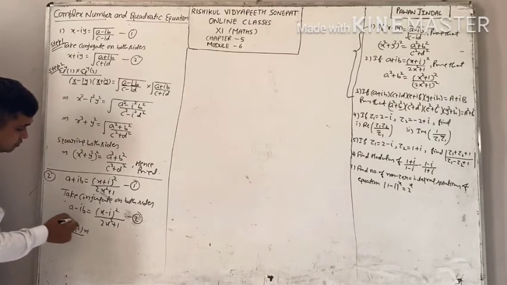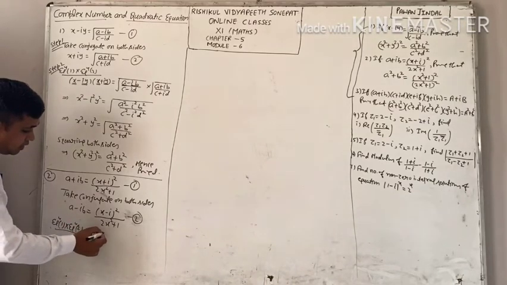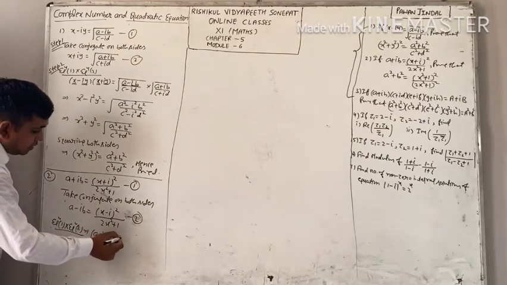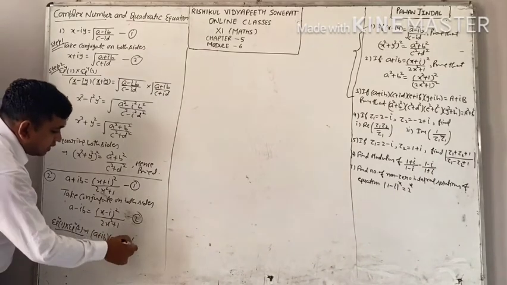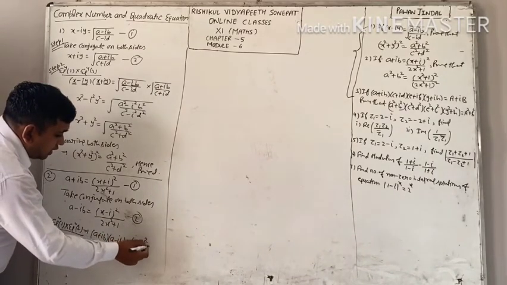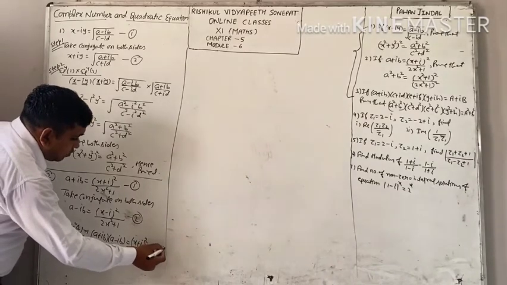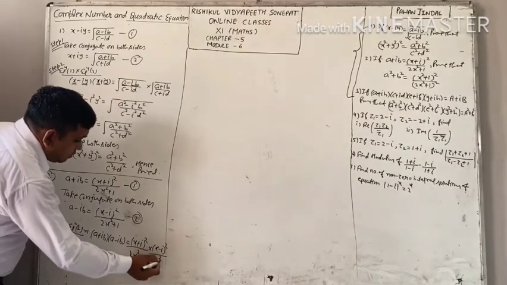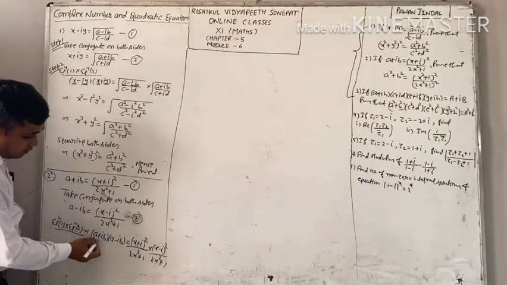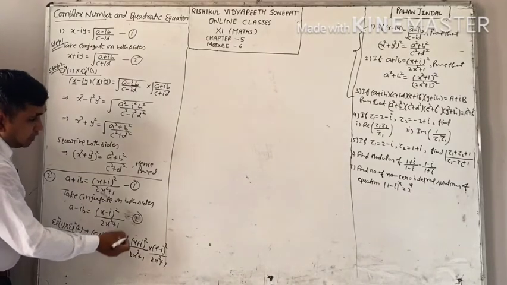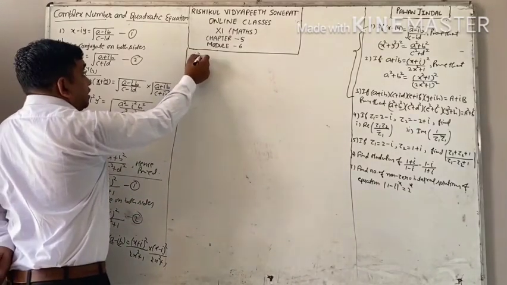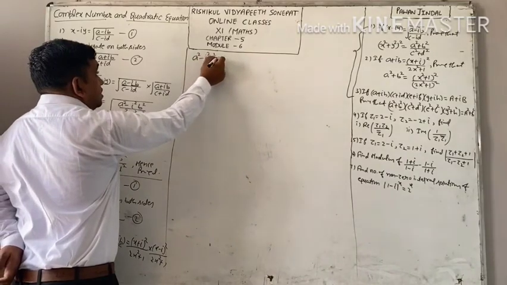This implies (a plus iota b) into (a minus iota b). On this side you will get (x plus iota) whole square divided by 2x square plus 1, into (x minus iota) whole square divided by 2x square plus 1. Here apply the formula (a plus b)(a minus b), you will get a square minus iota square b square.